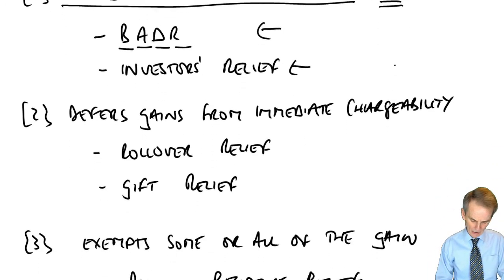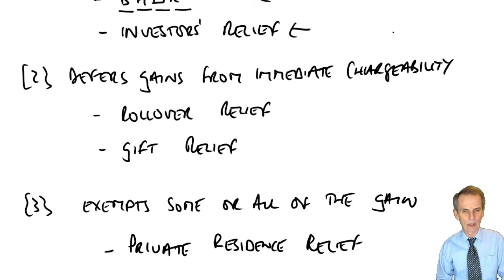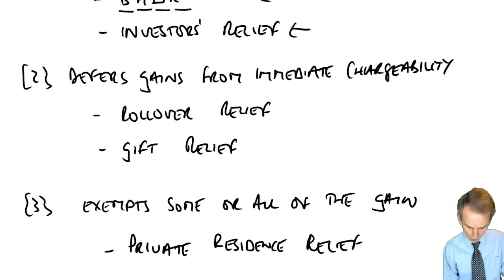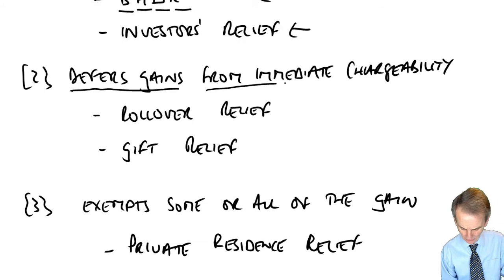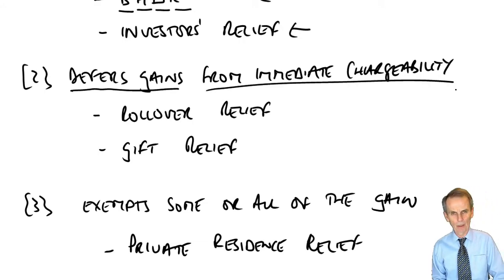We then move our attention to look at a different type of relief. A relief that is immediate, but what it does is not exempt a gain. It doesn't reduce the tax rate at which we pay tax on the gain. What it does is to defer gains from such immediate chargeability.